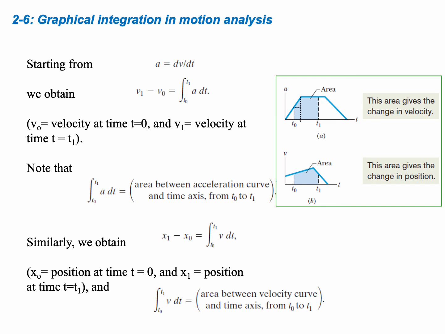We can do the same thing with velocity versus time. And here, in this case, the lower figure on the right, you can see that velocity is linearly increasing and then linearly decreasing. So it's not a constant acceleration problem, because if it was a constant acceleration problem, velocity would just be changing linearly the whole time.